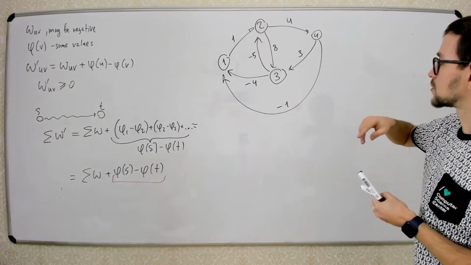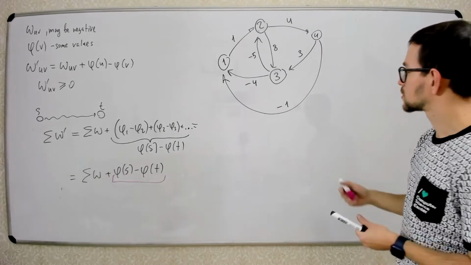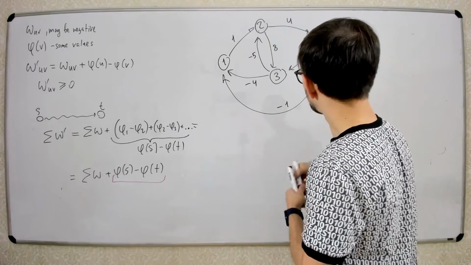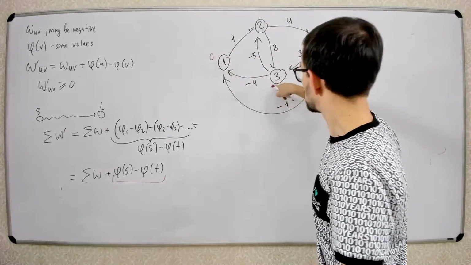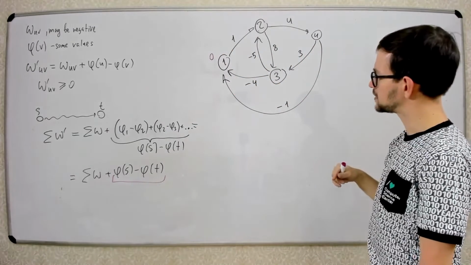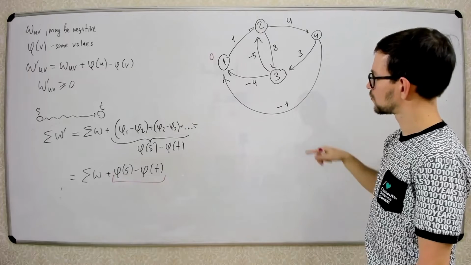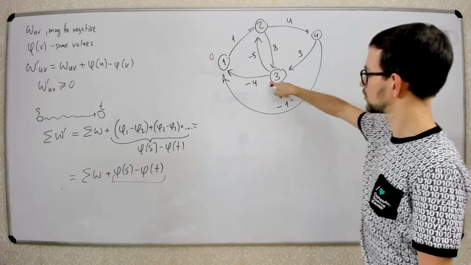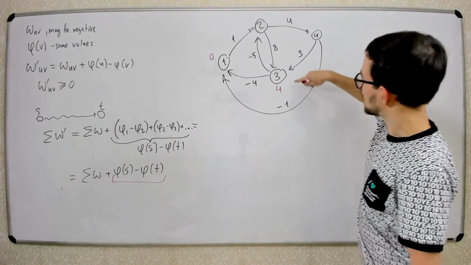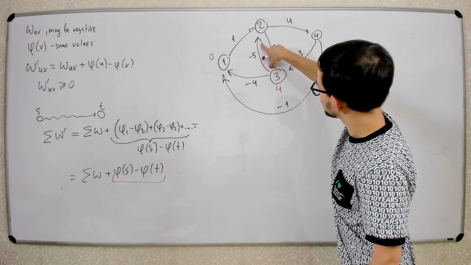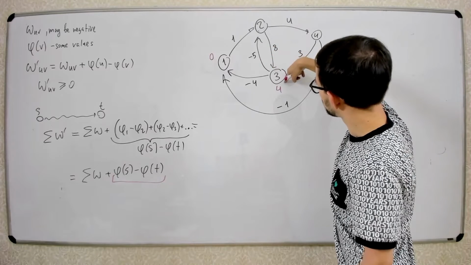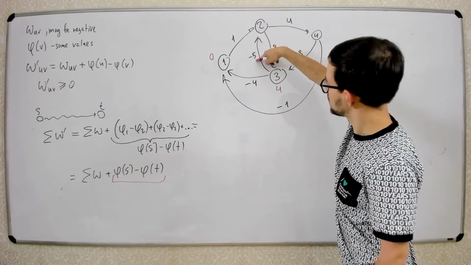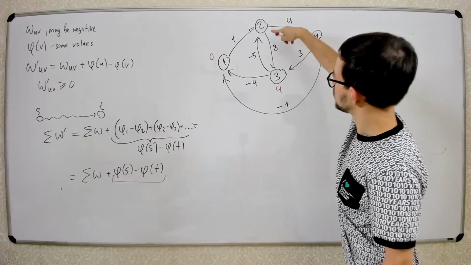Now, let's say, for example, I want to apply some potentials. For this node, the potential is 0. I want this edge to be non-negative, so for this node, I want the potential to be, let's say, 4. So this edge will be 0. Now for this edge, minus 5, I want this to be 4. So the weight of this edge will be minus 5 plus 4 minus this.